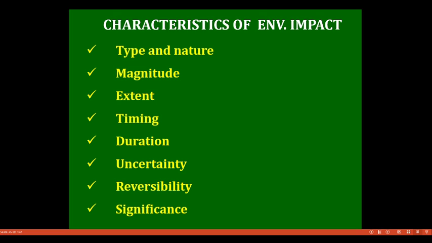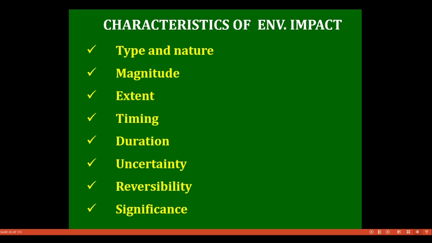Once it happens, it will have a severe impact. So there is a lot of uncertainty there, and we include that type of impact in this category. Then coming to the reversibility of impact. Reversibility means whether the impact is reversible or irreversible, whether it can be brought back to normal condition. That aspect we are taking into consideration.